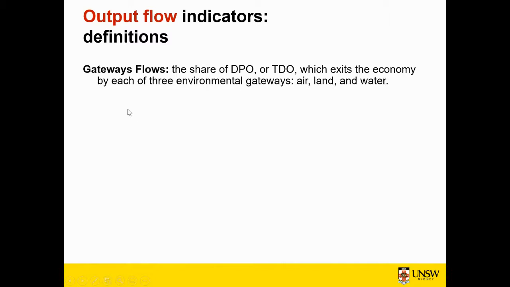And then we have something that we call gateway flows, which is a part of this domestic product output or the total output, which tries to map where these outputs go, basically. So where the emissions happen. And normally we divide them into emissions to air, land, and water.